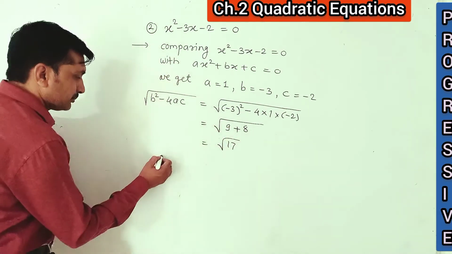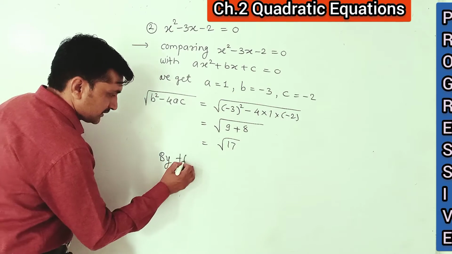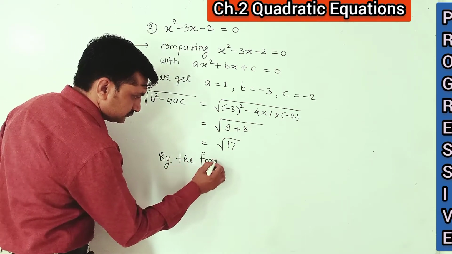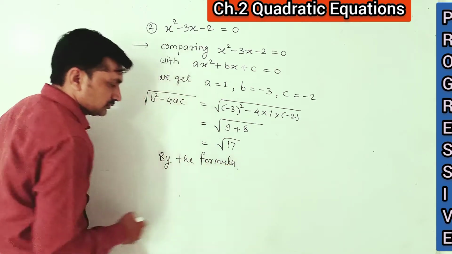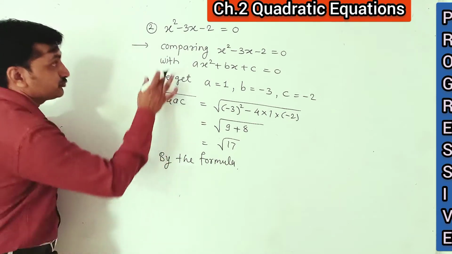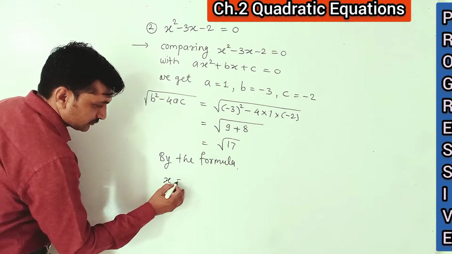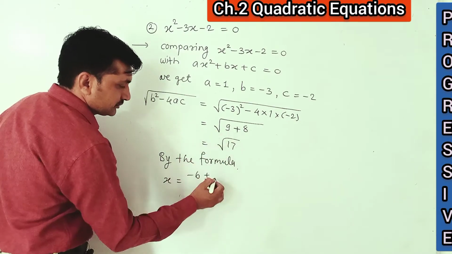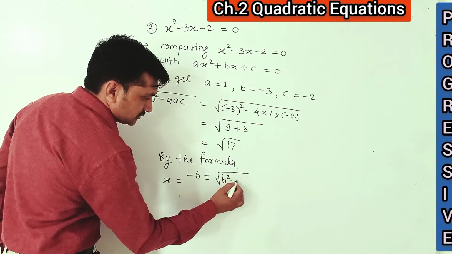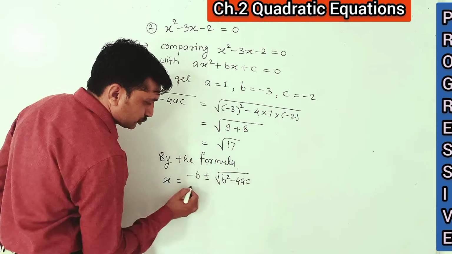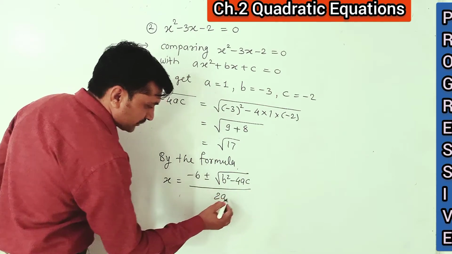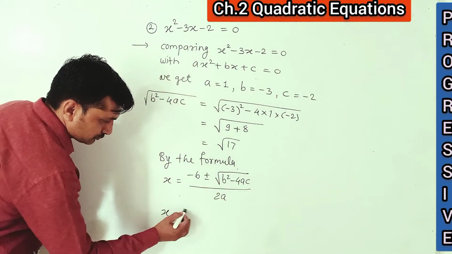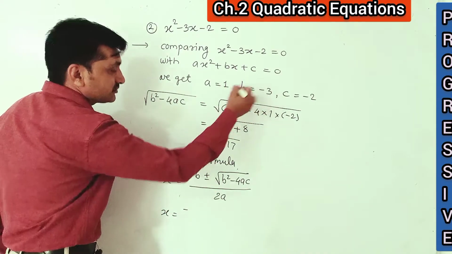Now, by the formula, write the formula. What is the variable? X. X is equal to minus b plus minus square root of b square minus 4ac upon 2a. Now put values. X is equal to minus, what is b value? Minus 3.